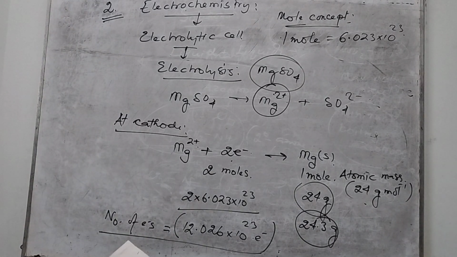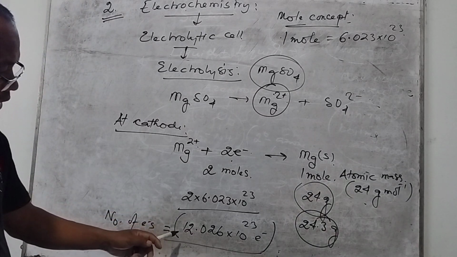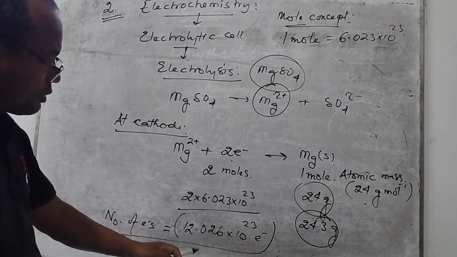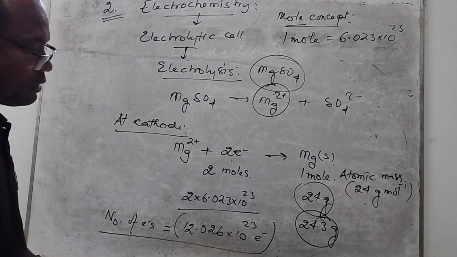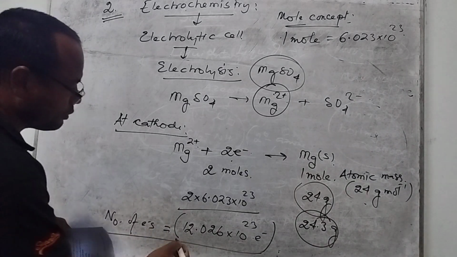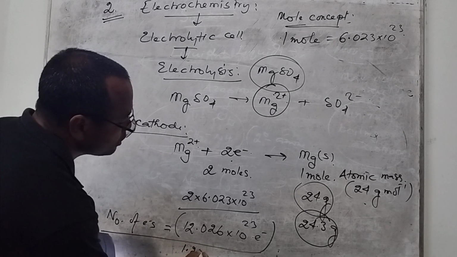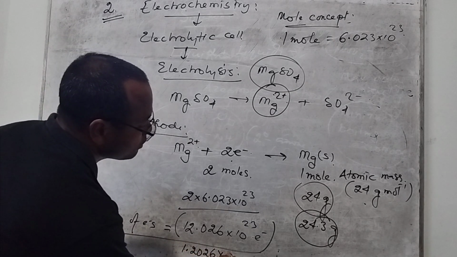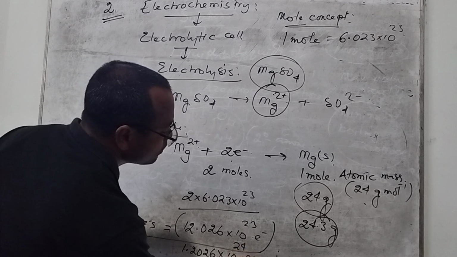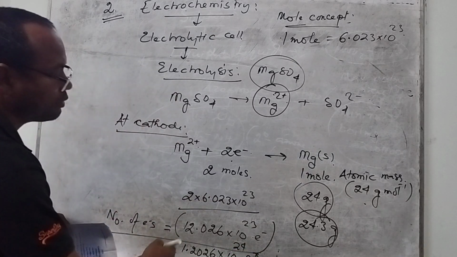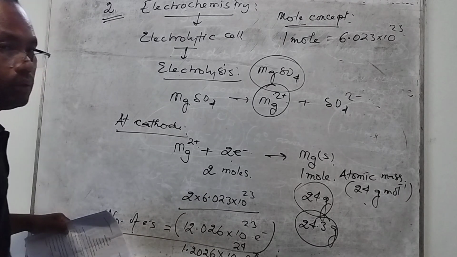I hope you wrote this in your answer paper. If you write 12.046 into 10 to the power 23 electrons, that's okay, or 1.2046 into 10 to the power 24 electrons can also be right. We only change the exponent.